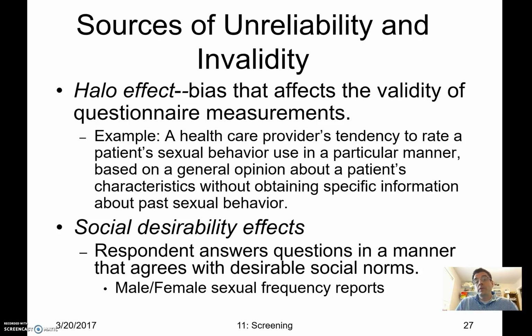And then there's also another component called the social desirability effect, and this is where the participant completing the surveillance tool will attempt to respond in a way that they think is most agreeable to the social norms, or to what the researcher or the screening test evaluator would potentially want to hear. And that's where, for example, this could be male and female sexual frequency reports.